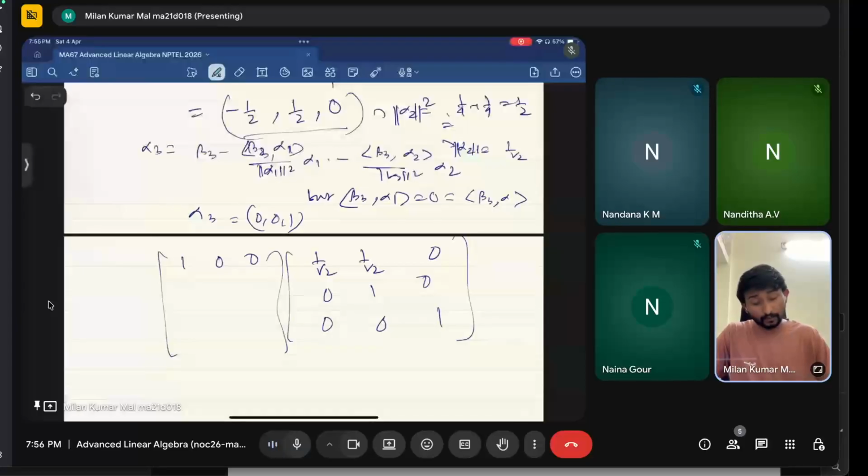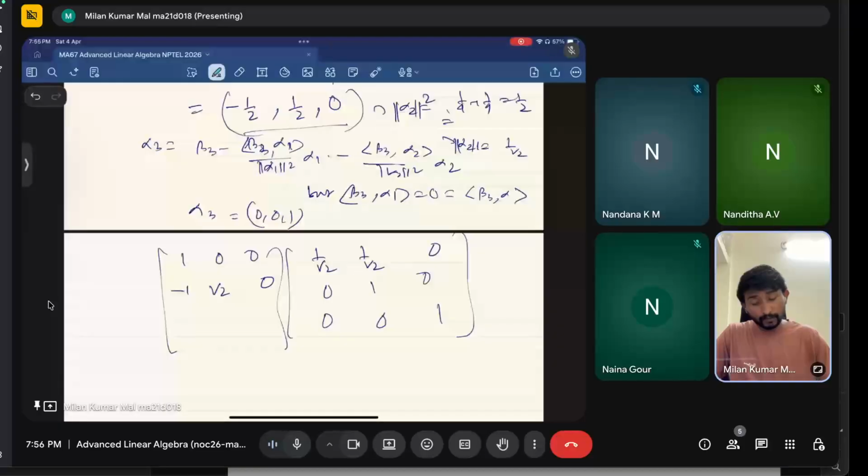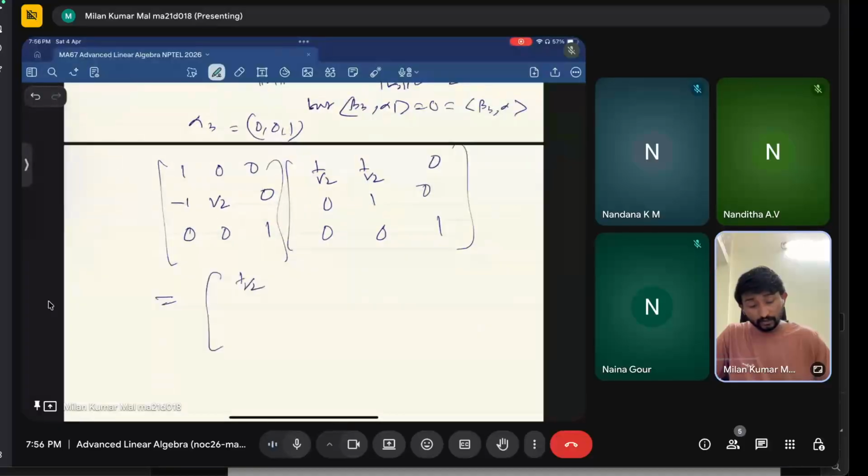Let me check whether this one is unitary or not. So this matrix is equal to 1 by square root of 2, 1 by square root of 2, 0, then minus 1 by square root of 2.